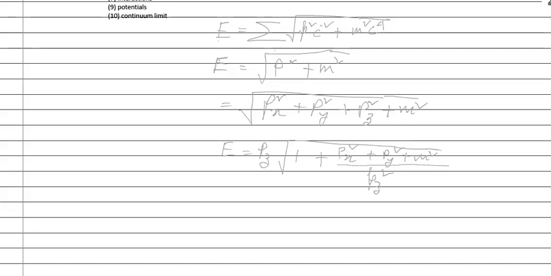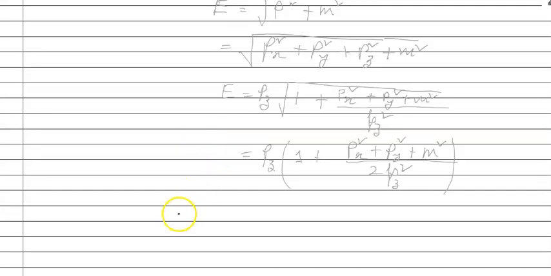What's the next step? Use the binomial expansion and binomial approximation to do exactly the same thing we did over here. This is now the small quantity, and to summarize, the energy is the sum over all particles of p_z.